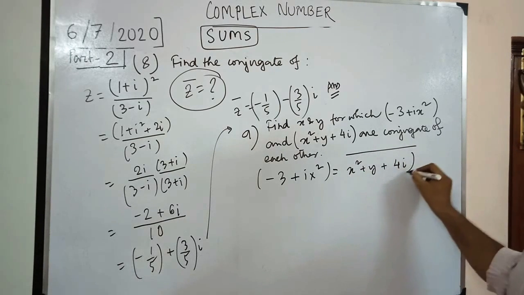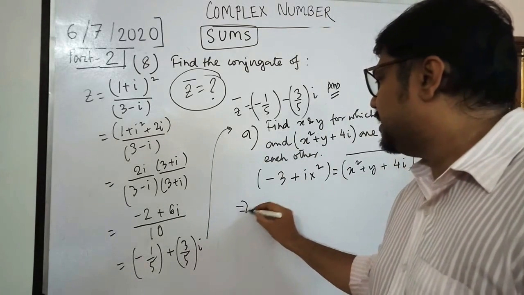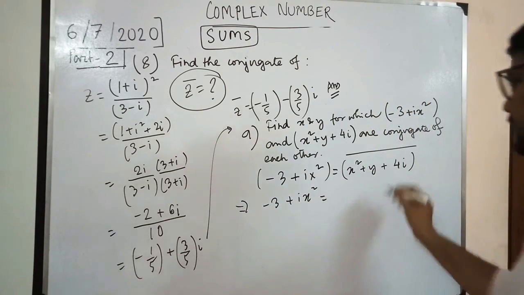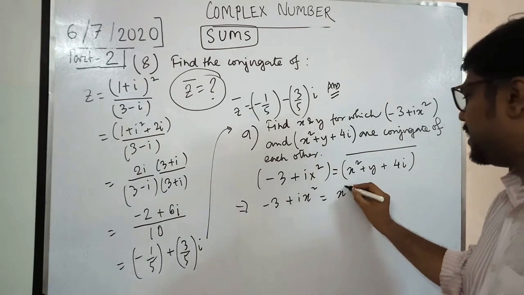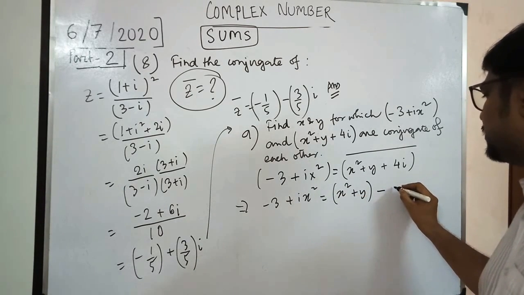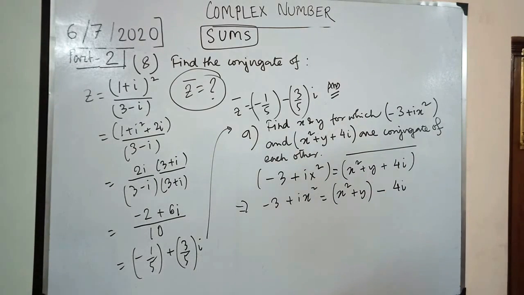So conjugate of this. Okay. So if this meaning is this, that means minus 3 plus ix square will be equal to x square plus y minus 4i. Okay. So this will be changed.